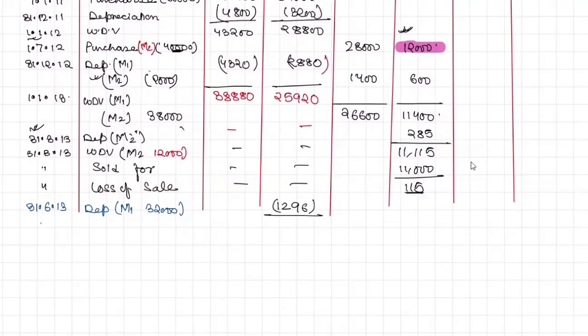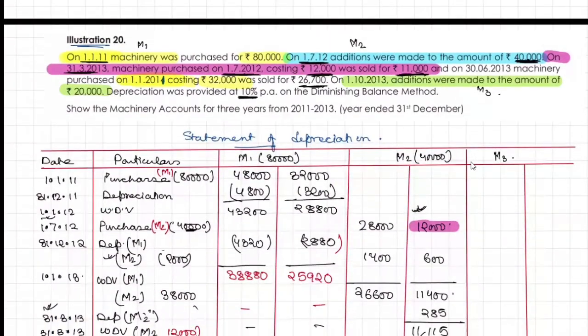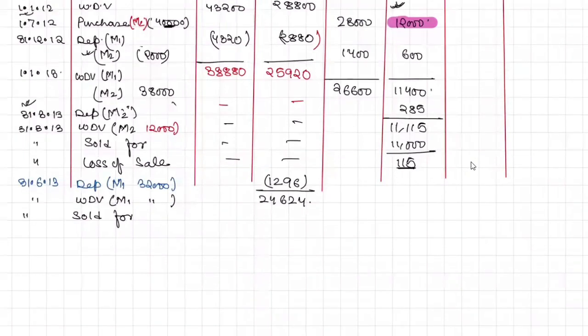So what is the WDV on this date? WDV for M1 for 32,000 part will be 24,624. Okay. Now for what amount is it being sold? It is being sold for 26,700.